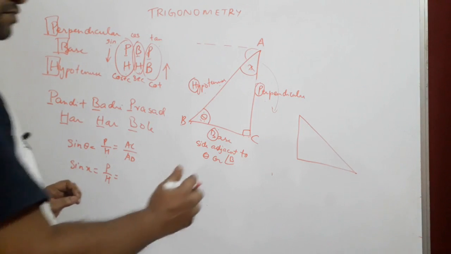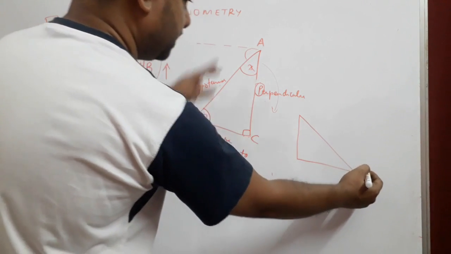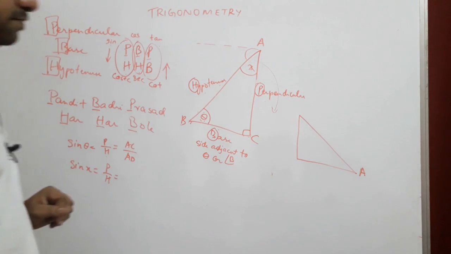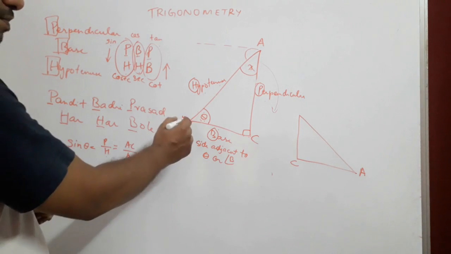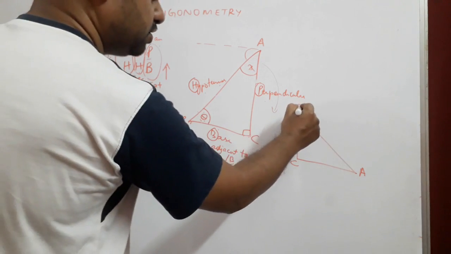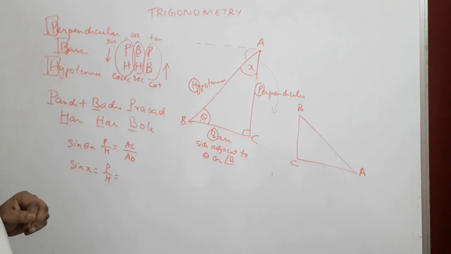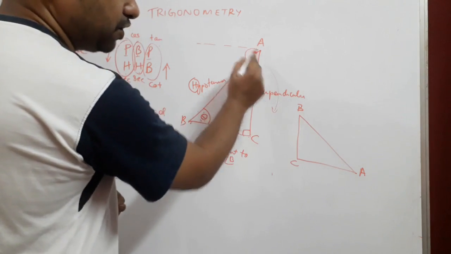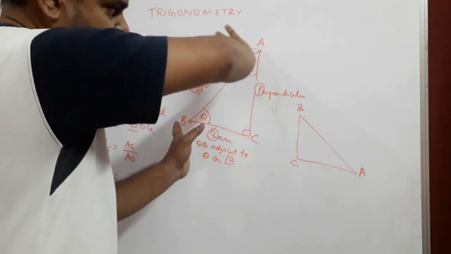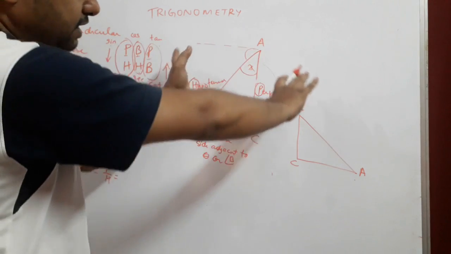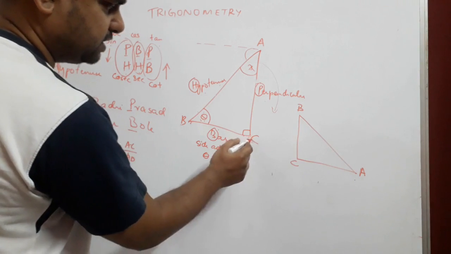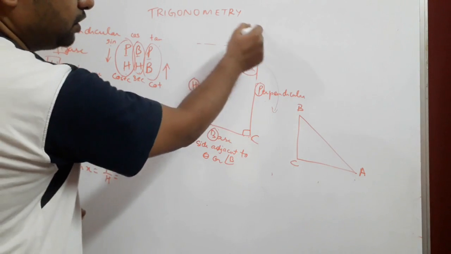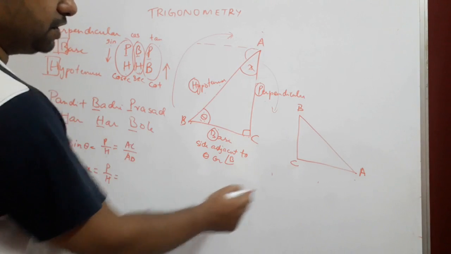So now your A that was on top comes down, then your C comes here, and your B which was down goes on top. Got it? You see the difference? A which was on top has now come down because I moved this. Just imagine moving this entire triangle this way, such that A comes down, C goes here and B goes on top, like this.